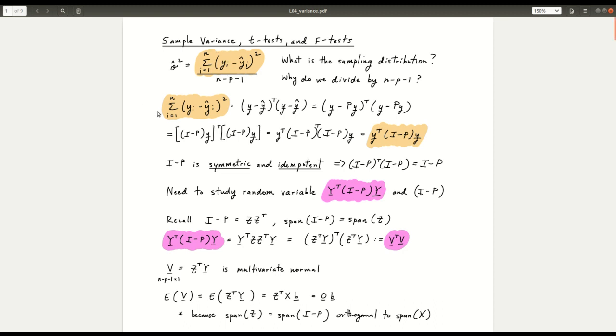Okay, so let's look at this residual sum of squares, and we're going to write it out in terms that allow us to do something with it. If we take this thing, it looks like we're taking a vector y and we're subtracting off the fitted value vector y hat.